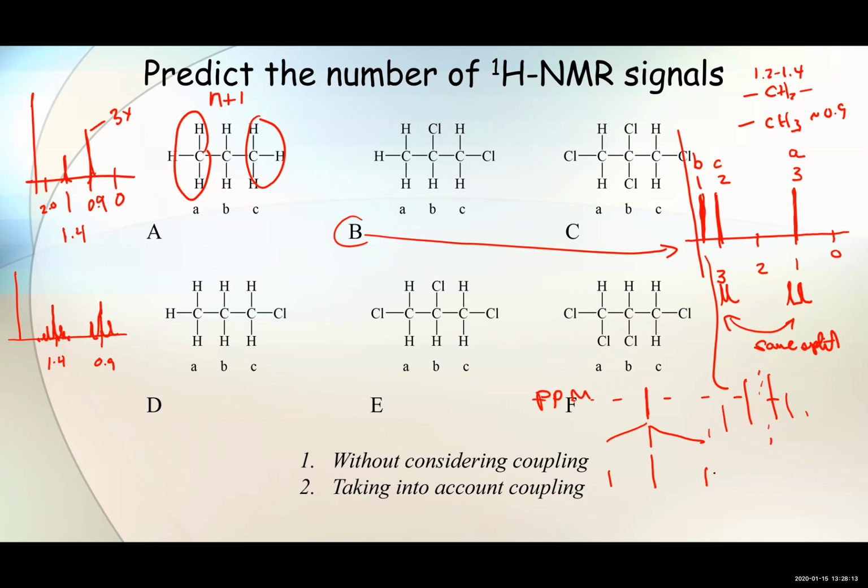So on the very bottom here, you're going to see stuff that looks like this, because it's going to be a triplet of quartets or a quartet of triplets, one way or the other. It depends on what the coupling constants are. The bigger one decides whether it's going to initially be a triplet or a quartet.